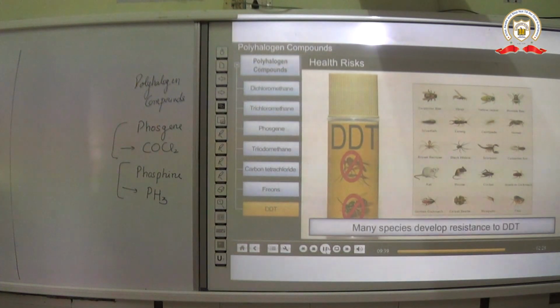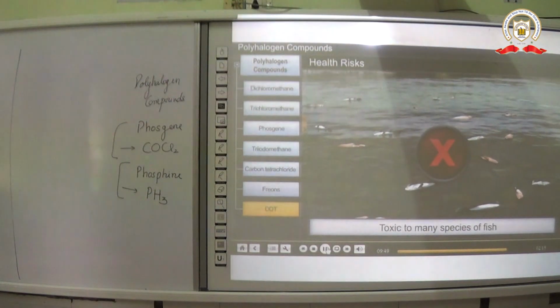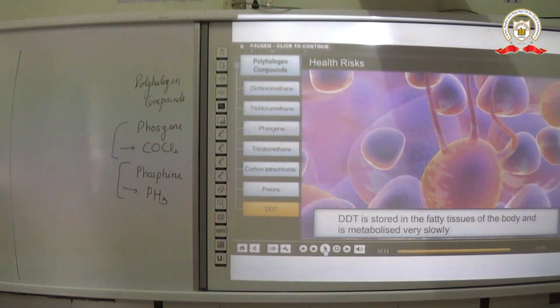However, many insect species develop resistance to DDT, limiting its effectiveness. DDT is toxic to many species of fish. For certain species of birds, such as ospreys, eagles, pelicans, and falcons, DDT is stored in the fatty tissues of the body and is metabolized very slowly.